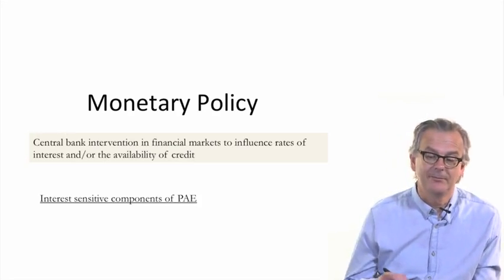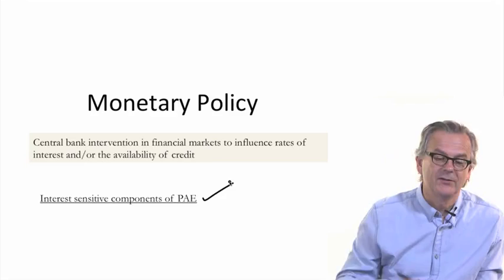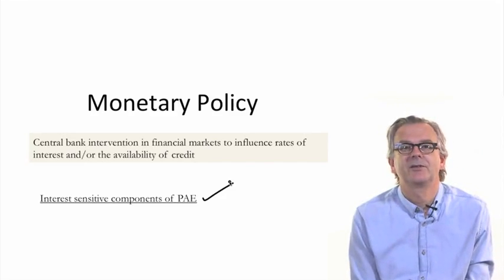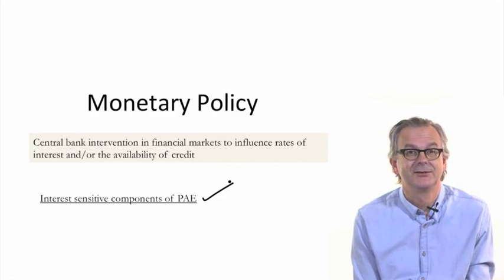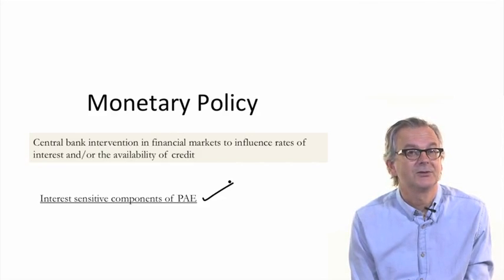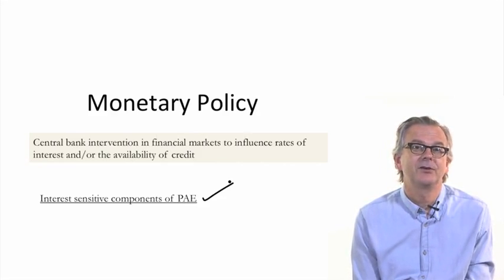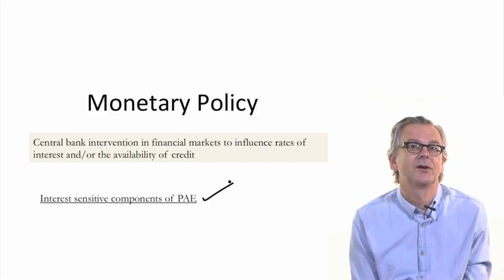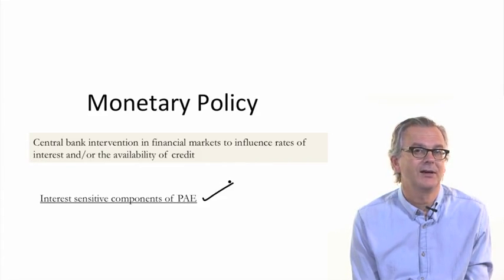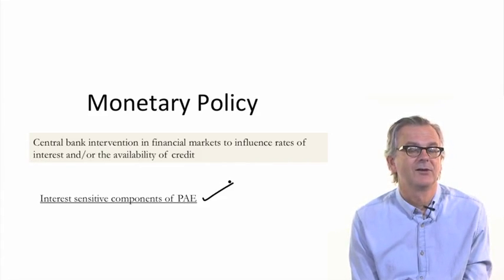Why might they do that? It's because there are components of planned aggregate expenditure that are almost certainly quite sensitive to rates of interest. Think of household consumption, for example. In our consumption function, we very much focused on disposable income as being a very significant determinant of household spending decisions.